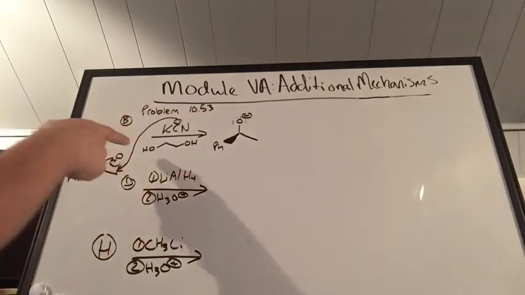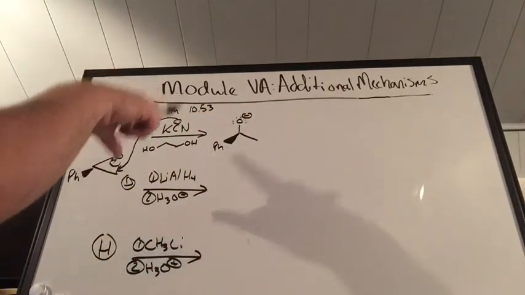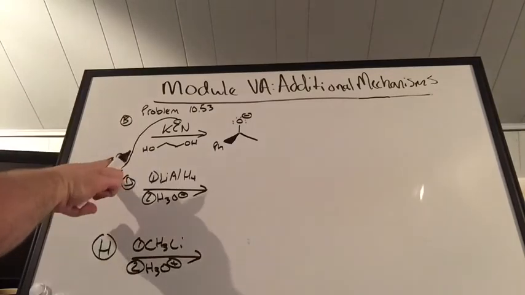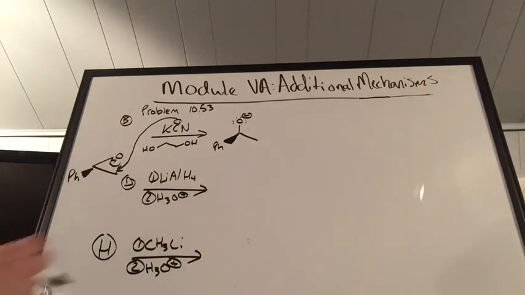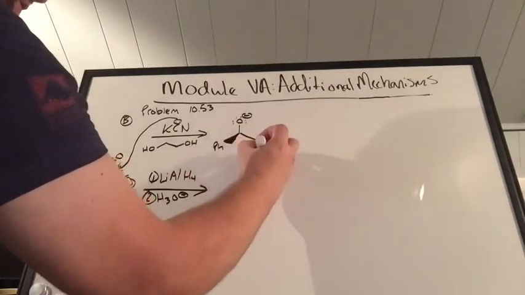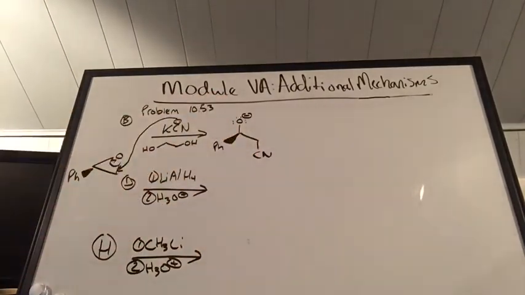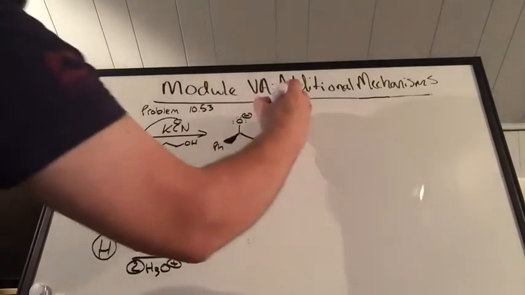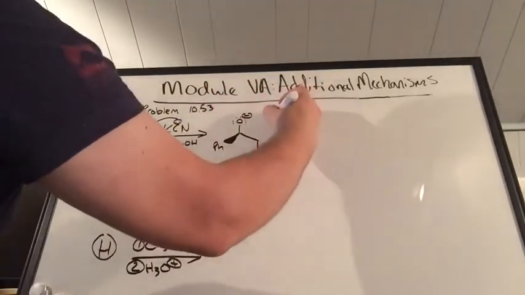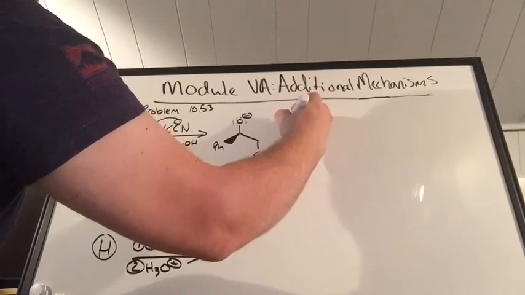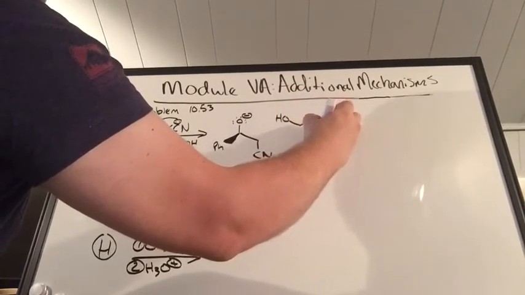When I pop open the ring, I typically tend to put everything in that particular plane. Okay, so in other words, that cyano group is going to sit here at the bottom, kind of go in a staircase fashion. And then this is going to be used as an acid.